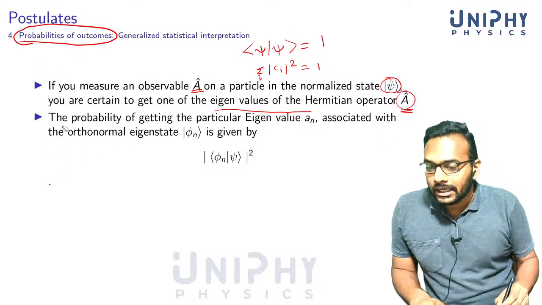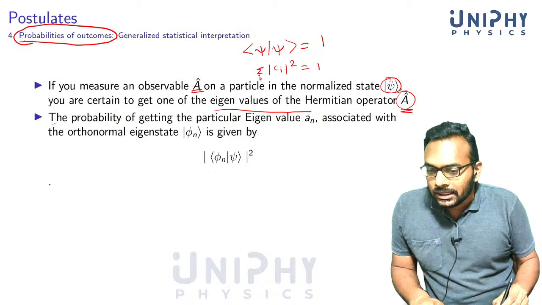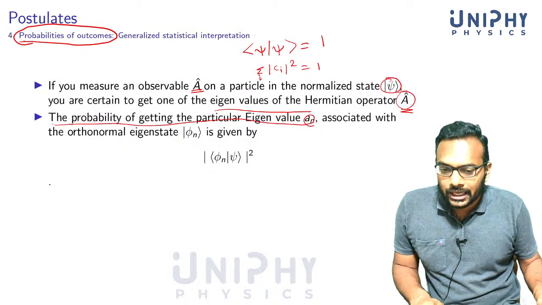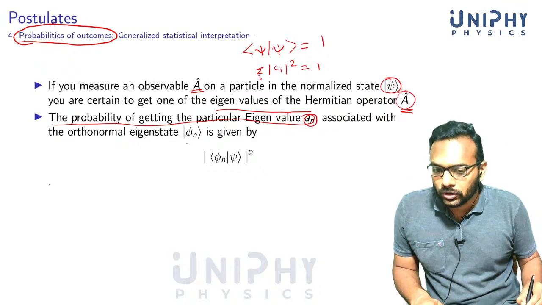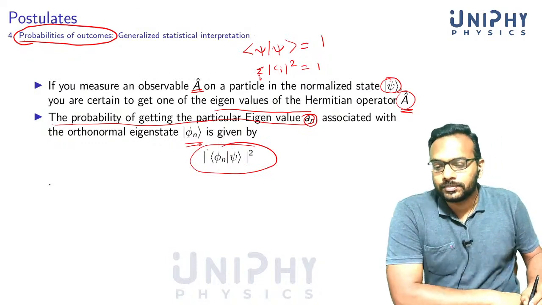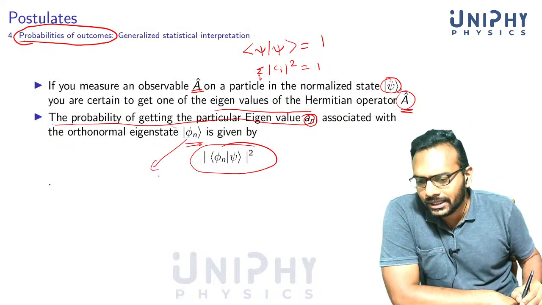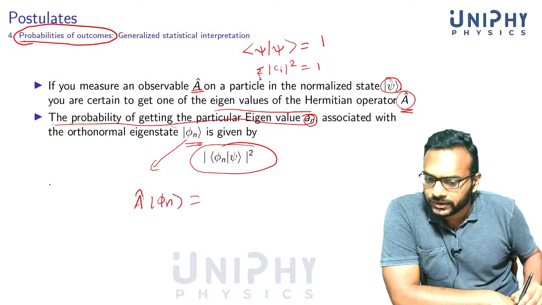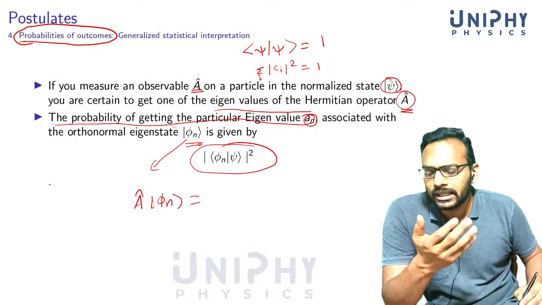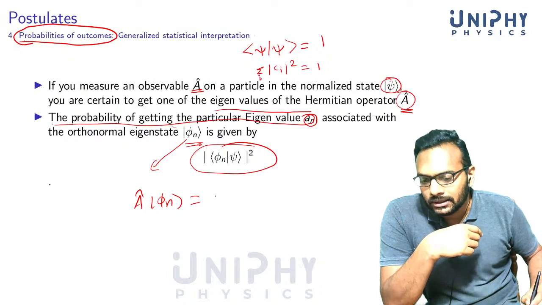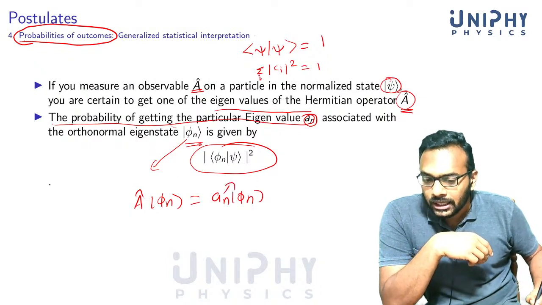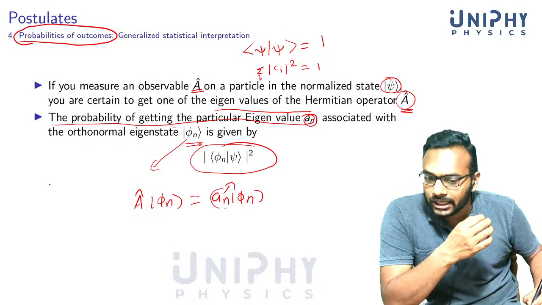This is the postulate that says that the probability of getting the particular eigenvalue an associated with the orthonormal state phi n is given by this. Here phi n is an eigenvector of the operator A that you are measuring. It could be energy, momentum, anything. What's the probability for measuring an eigenvalue an?